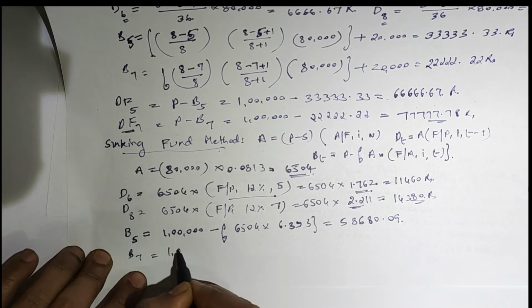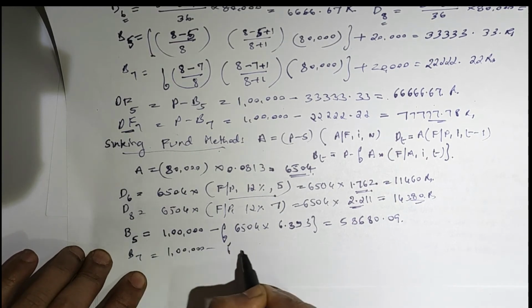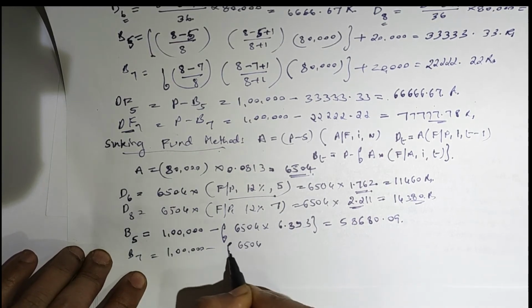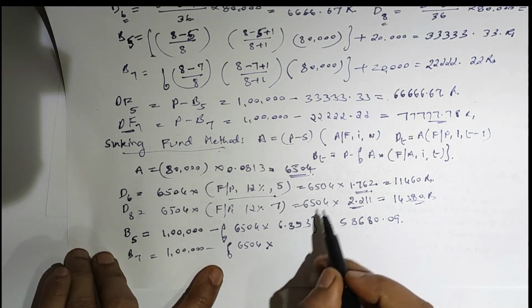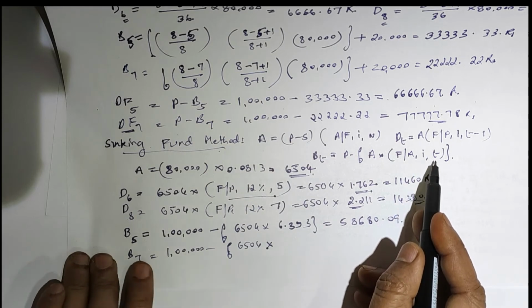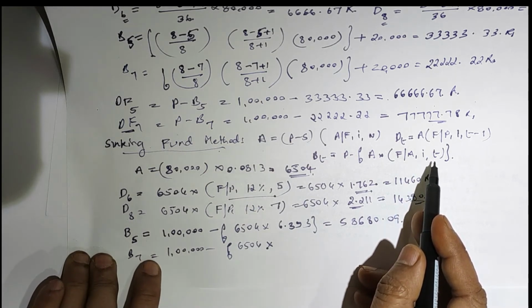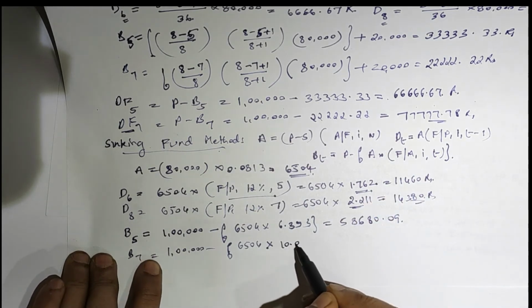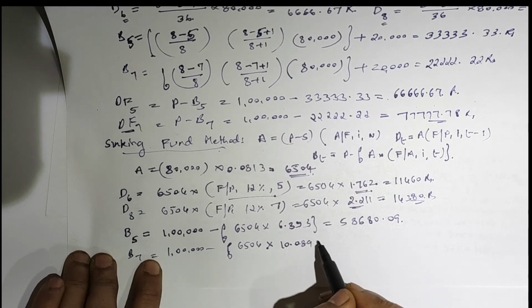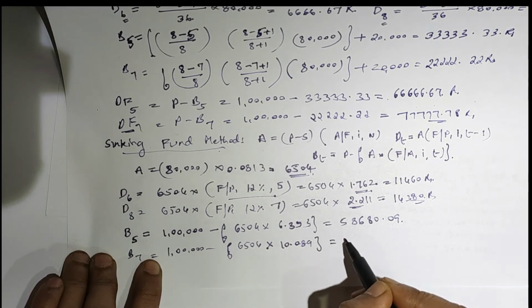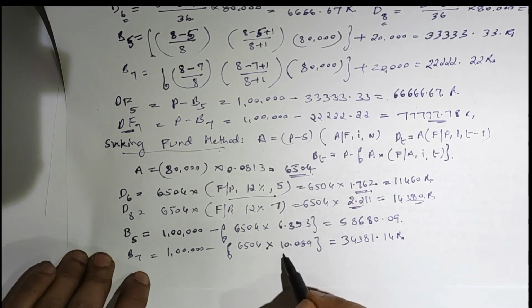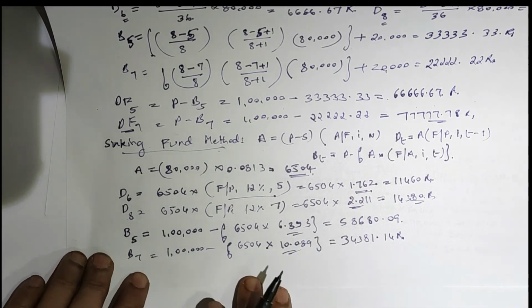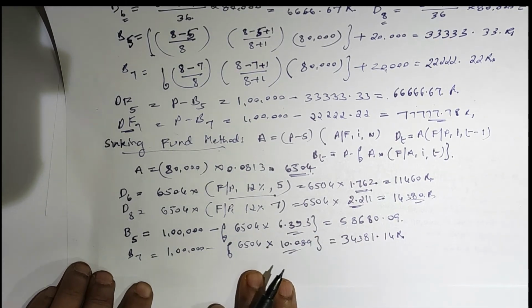B7: P is 1 lakh minus A 6504 in the flower bracket into F given A, I 12%, T is 7. It is 10.089. So it comes to 34,381.14 rupees. These values are from the table, which I already told you how to see.